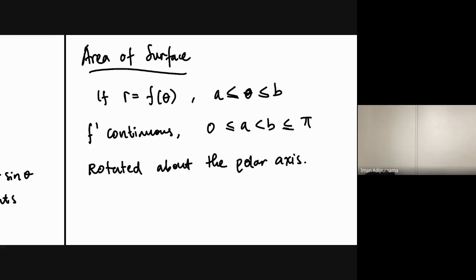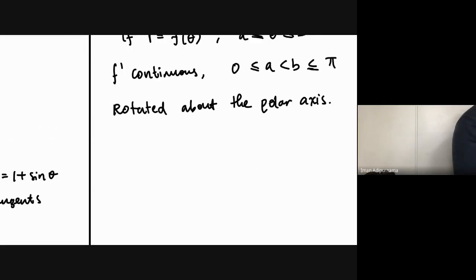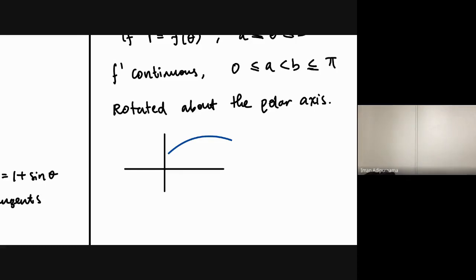Okay, now if we draw, maybe just like that. Imagine this is polar, this is the polar axis. Again, it's not xy, it's polar now. And we rotate this curve about the polar axis.